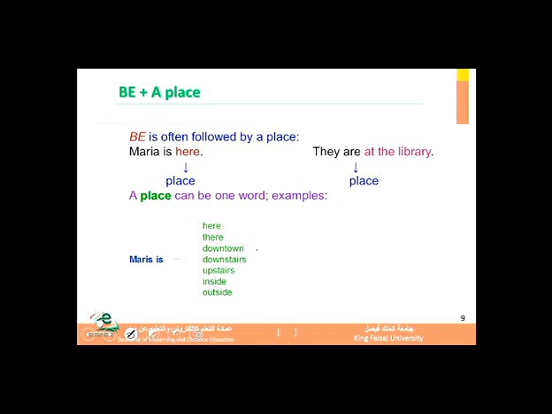Now we move to the final structure of verb to be, where we have verb to be followed by a place. And this place is represented in English by the use of adverbs and prepositions.